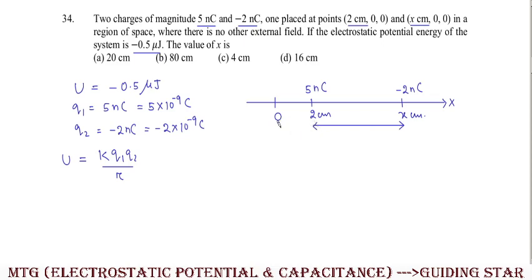So here is 2 centimeter, this is x centimeter, that means this value will be x minus 2 centimeter. Clear?